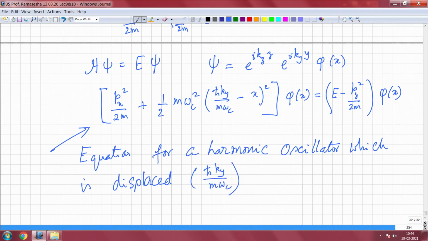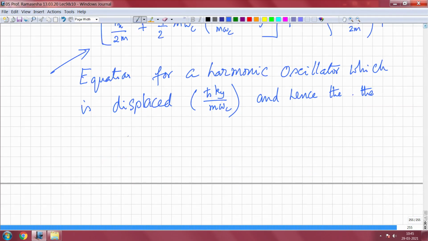This is the amount of displacement, and hence the solution is simple, and hence E minus Pz squared by 2m is equal to (l plus half) h cross omega c.